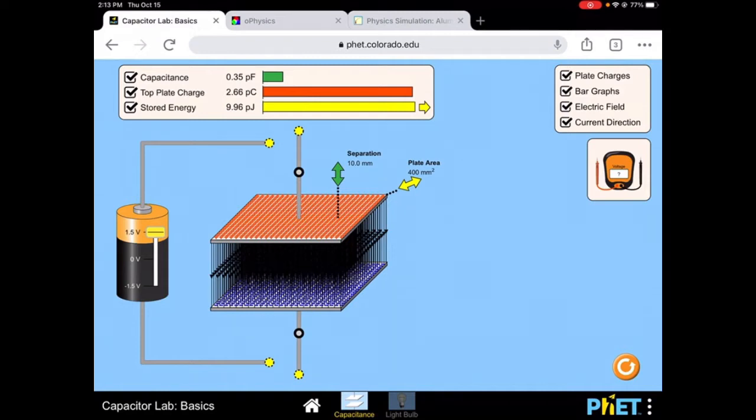The stored energy increases because, again, I've done work on the plates. It seems a little counterintuitive because the capacitance went down. But the work that I do gets stored in that capacitor.